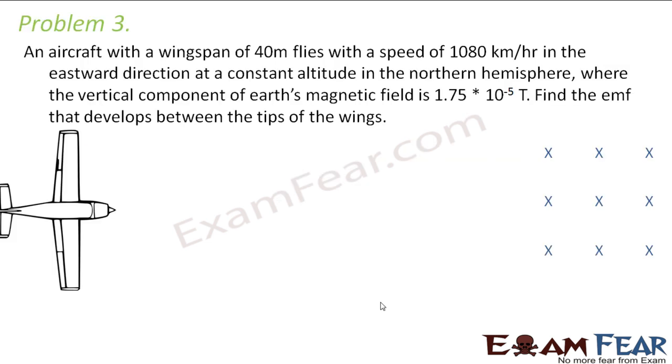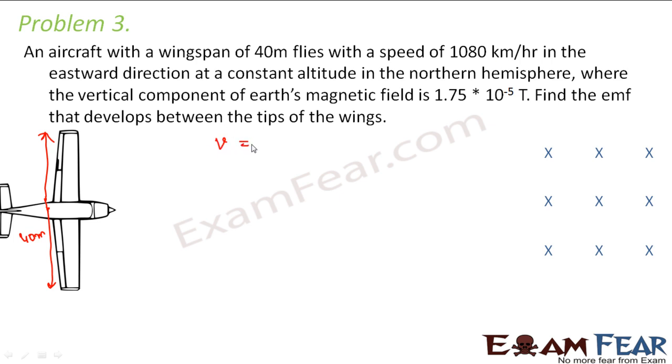Let us look at the third problem, which says that an aircraft with a wingspan of 40 meters. What is a wingspan? Wingspan is the distance between the tips of the wings. An aircraft with a wingspan of 40 meters flies with a speed of 1080 km per hour.